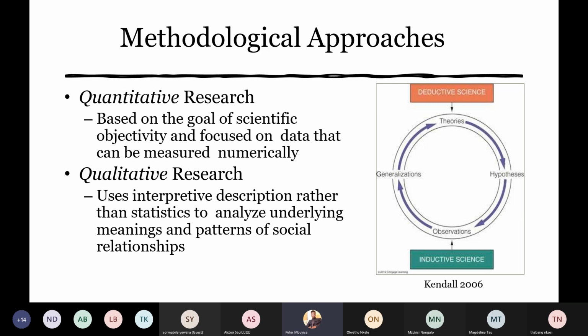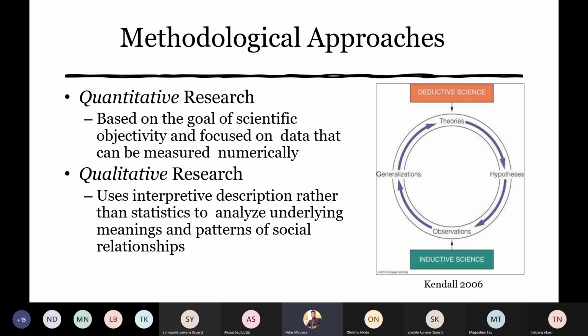Since it's a scientific study, it involves this cycle that you see on the side. We have deductive science, which leads to the formation of theories, and we have inductive science, which is based on observations.